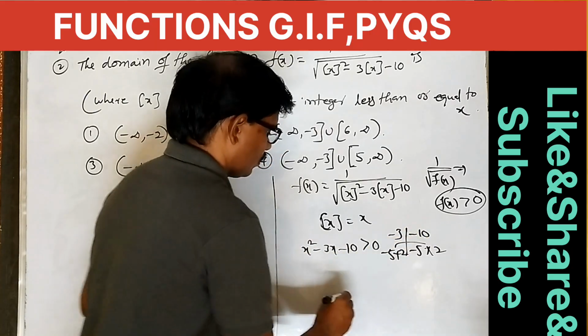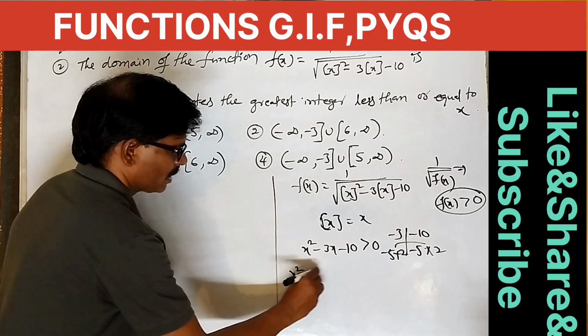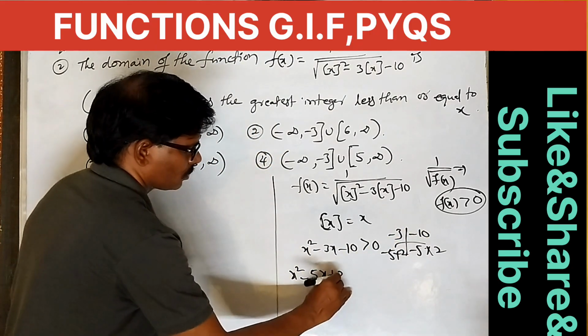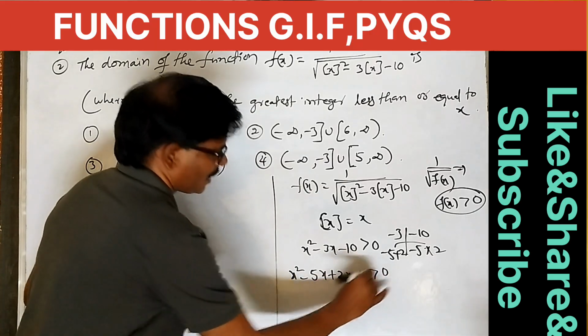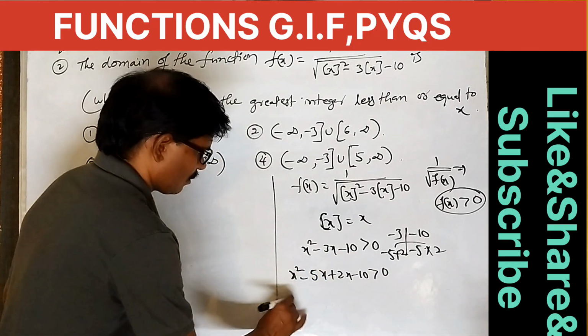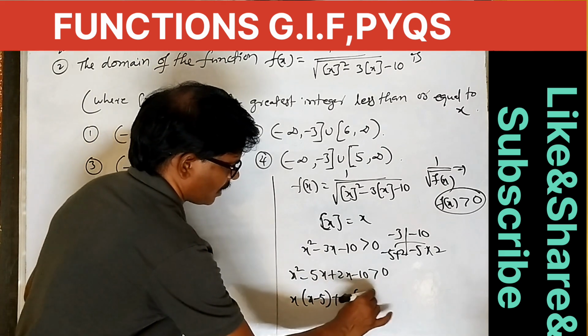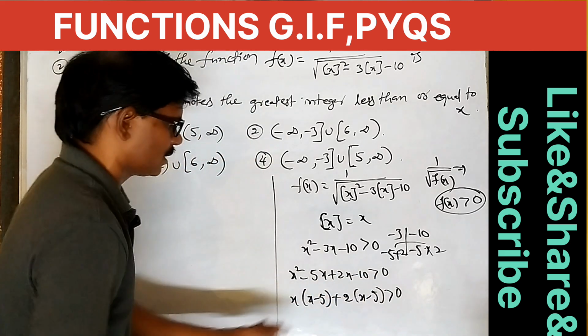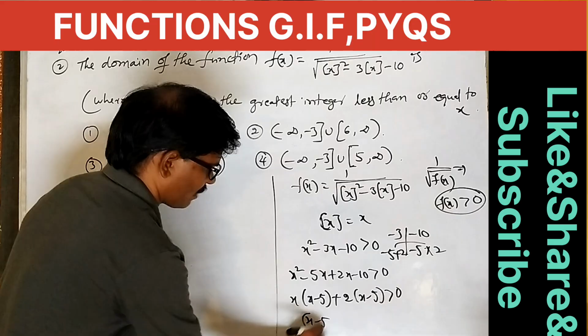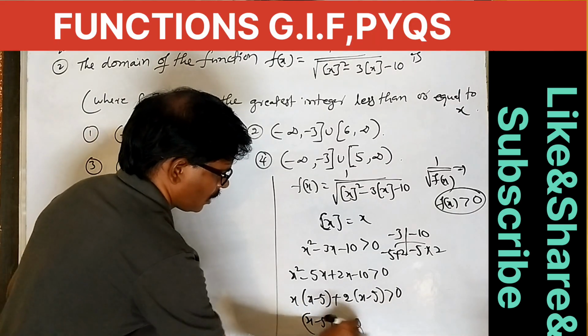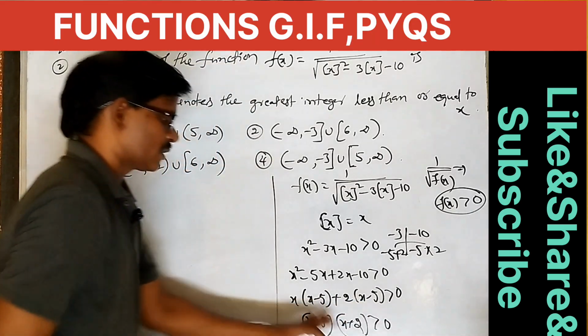Write x square minus 5x plus 2x minus 10 greater than 0. x is common, x minus 5, plus 2 is common, so x minus 5 greater than 0, x plus 2 greater than 0.